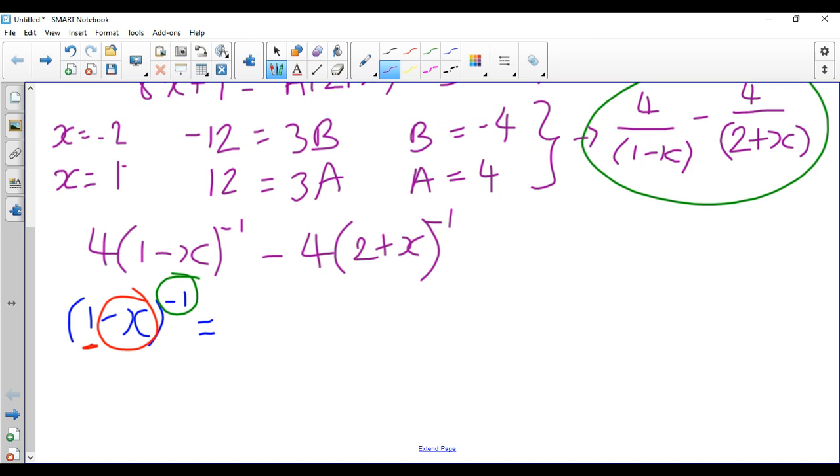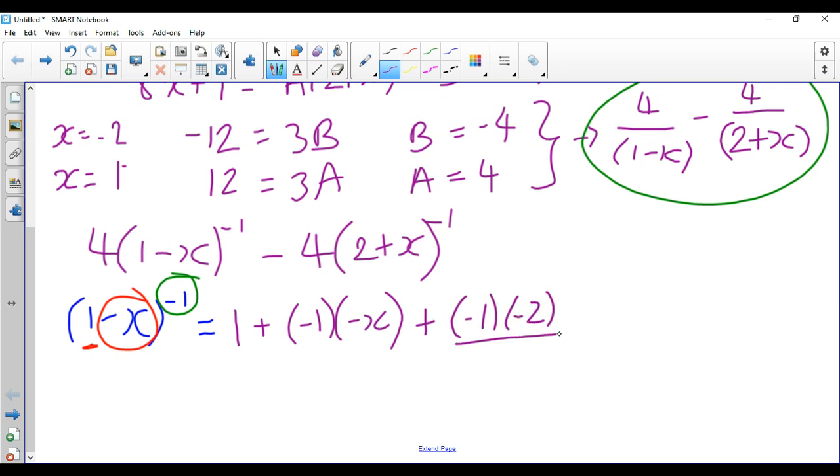So remember our rule, it's 1 plus nx. You could instantly simplify that to plus x if you want, plus n(n minus 1) over 2 factorial, or just 2, times minus x squared. Now remember, it's really important to put whatever your x is, minus x, plus x, 2x, x over 2, into that bracket, because it all needs to be squared.